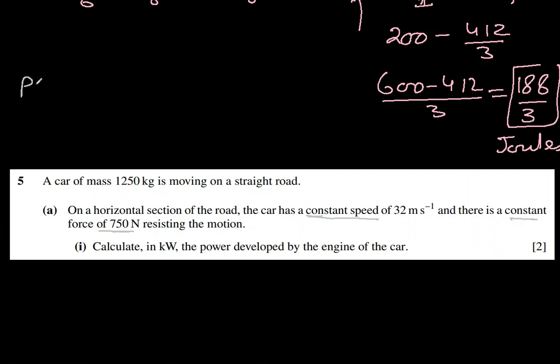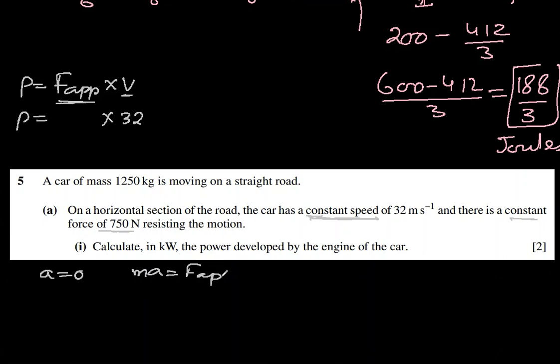So power is the force applied by the engine multiplied by the speed it is going, and since the speed is constant, it remains the same, 32. And power we have to find out. We don't know what the applied force is, but since they're saying constant speed, that means acceleration is 0, and we know that ma is applied force minus resistive force, correct?